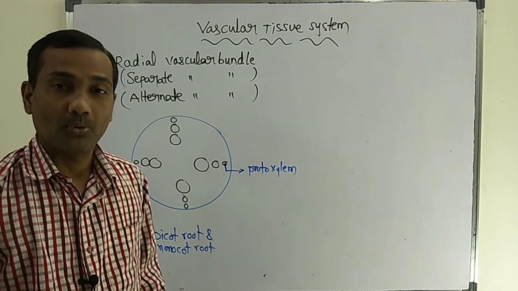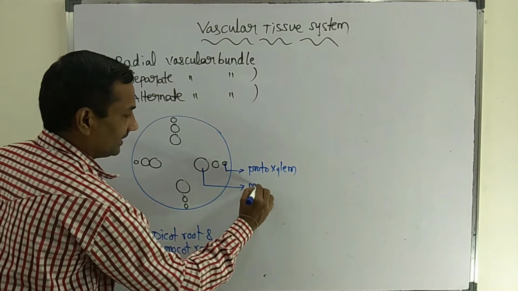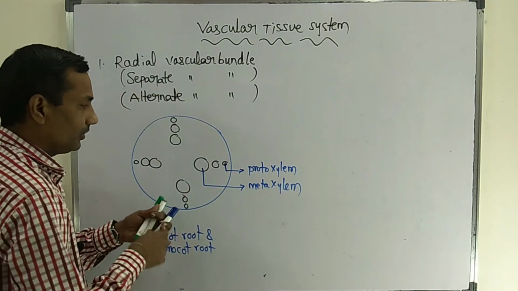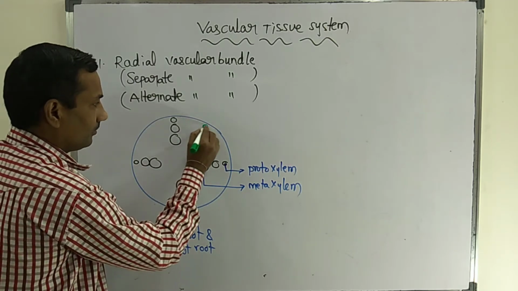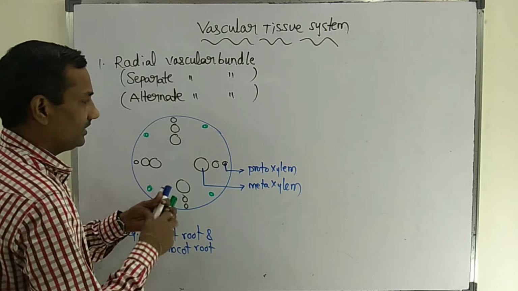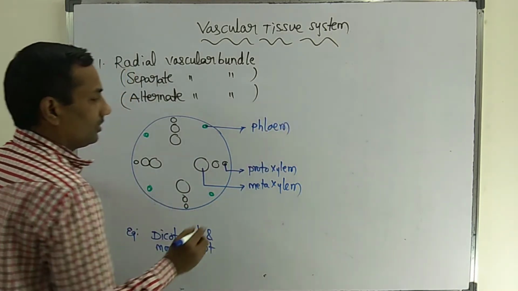Metaxylem is located towards the center. Phloem is located between the xylem tissues. This is a phloem tissue.